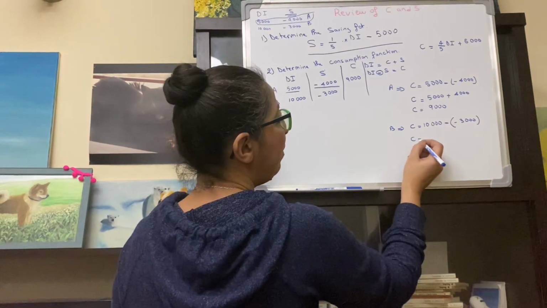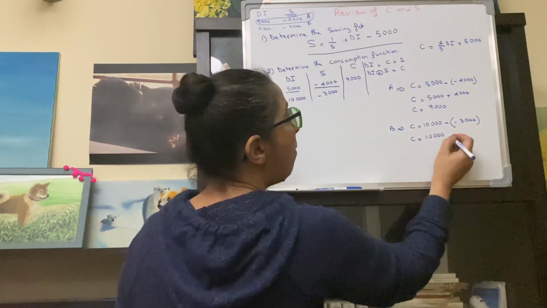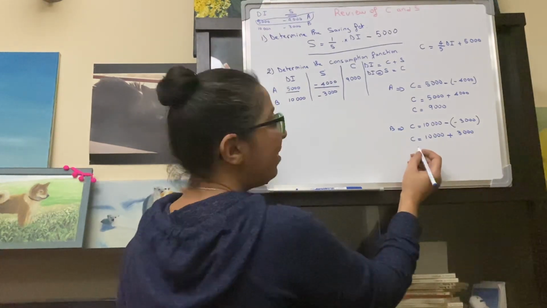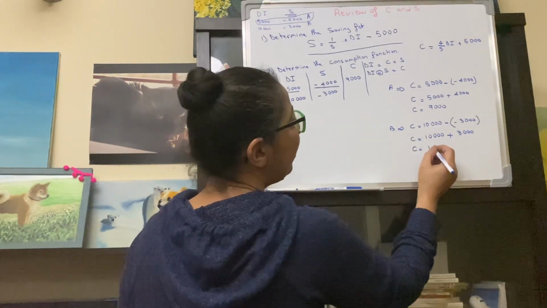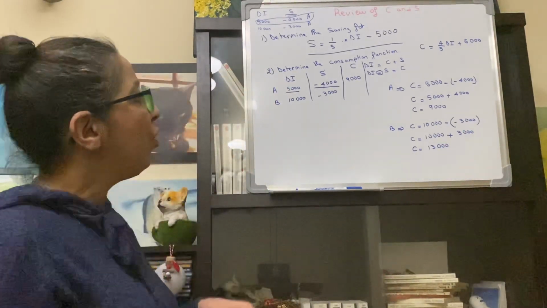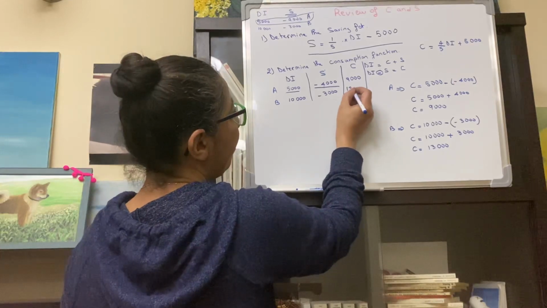That gives me C equal to 10,000 plus 3,000, which is 13,000. Okay? So now I have the consumption for both points.